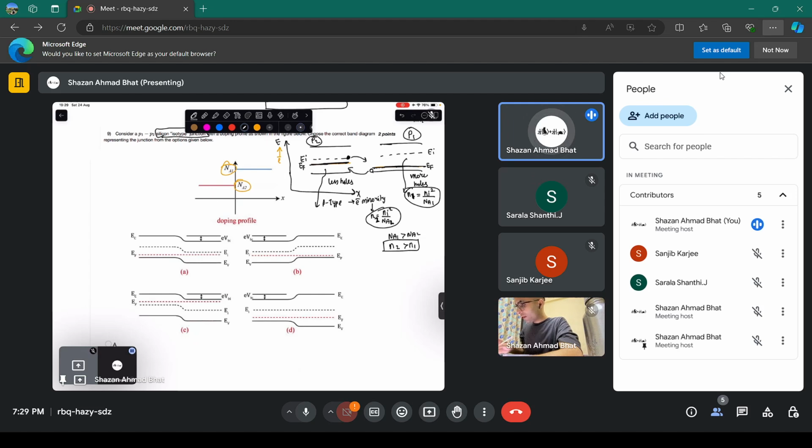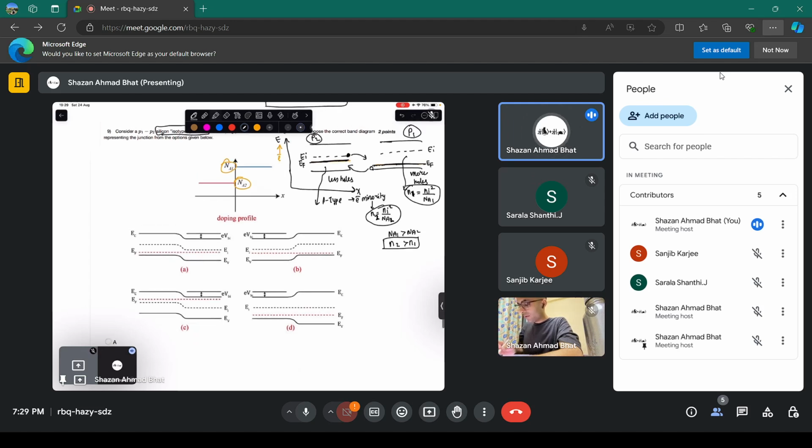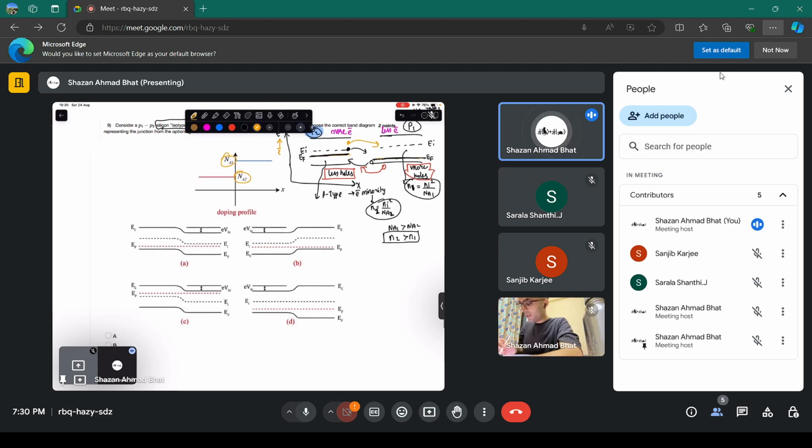That means there are more electrons on this side, less electrons on the other. Or in other words, there are fewer holes here, more holes here. If there are more holes here, holes will go from this side to this side. If there are more electrons here, electrons will go from this side to this side.